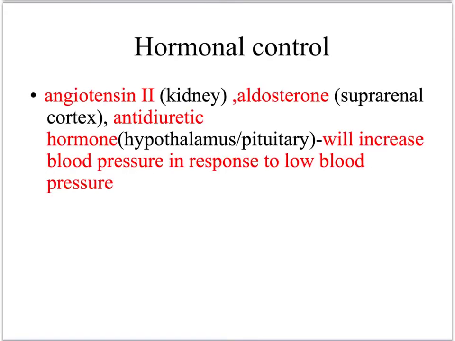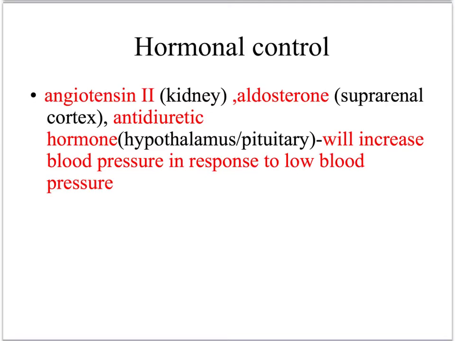So to look at the hormonal control of vasomotion, let's start with these hormones: angiotensin, aldosterone, and antidiuretic hormone, or ADH. The kidney produces a hormone called renin, and there's a conversion process that goes into angiotensin 1 and 2 from the renin, and these are all processes that take place in the lung and liver.